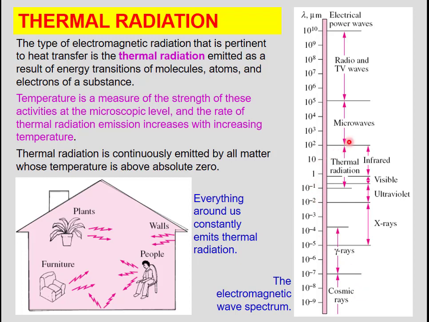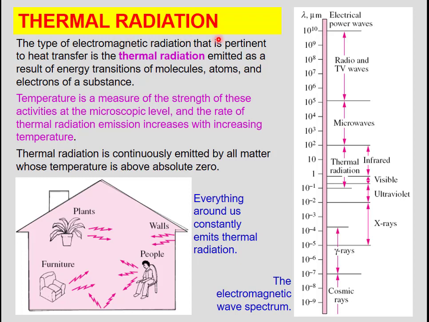And you can see higher wavelengths going to microwaves, radio and TV waves, electrical power waves, etc. So what we are interested in is this range, which is thermal radiation, some part of the ultraviolet, visible, and infrared, as you can see here.